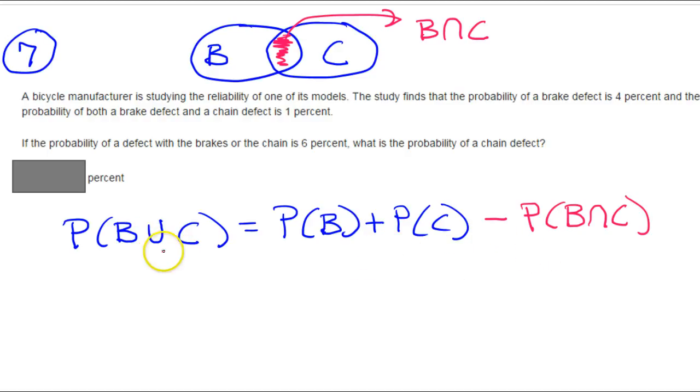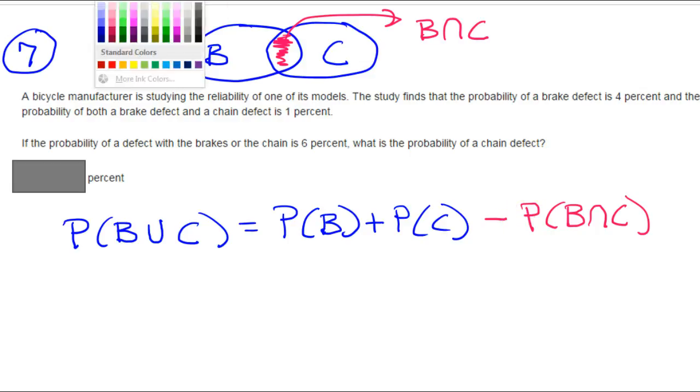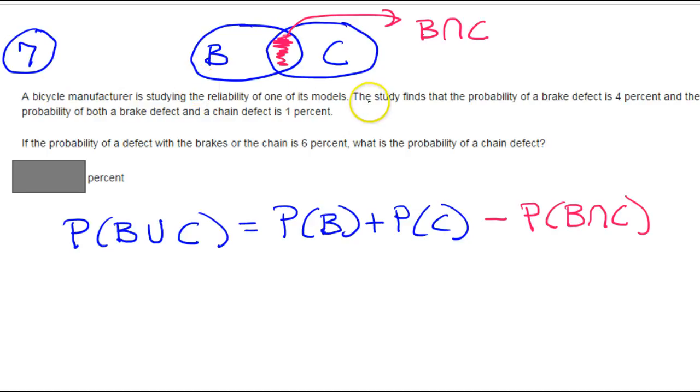Anyway, within this story, they've given us 3 out of 4 of these pieces of information, and we need to solve for the 4th one. So let's see what they've given us. The study finds that the probability of a brake defect is 4%.